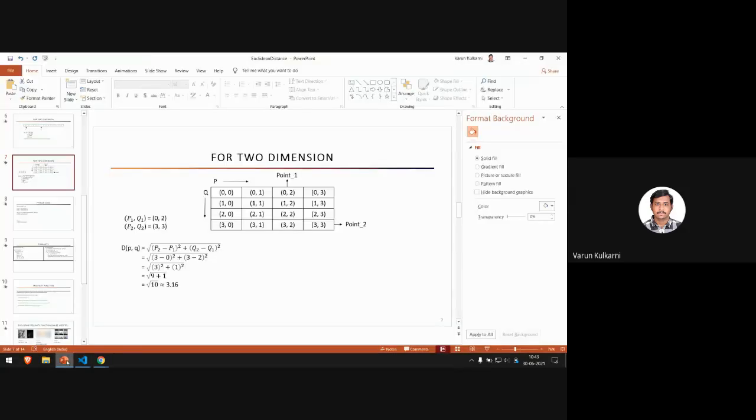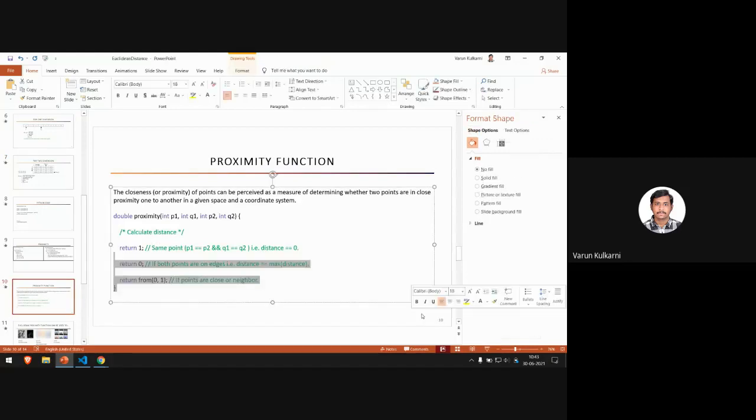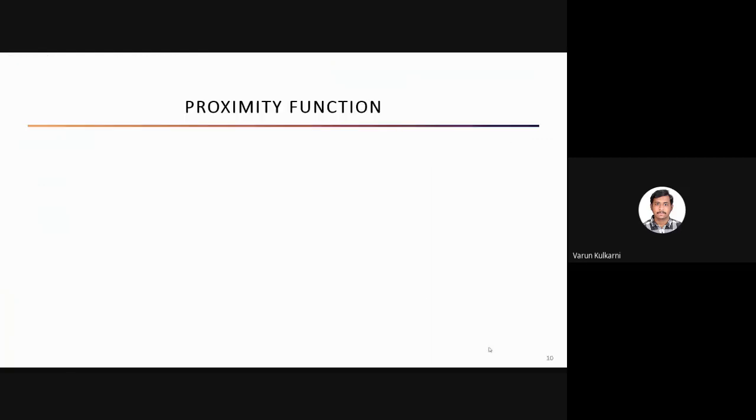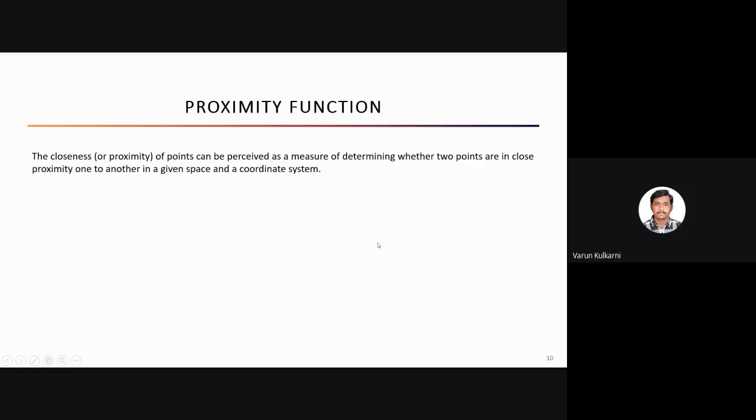Coming to the presentation, we have a proximity function. In the proximity function, we measure the closeness of the points, whether they lie near, far, or whether the 2 points are the same point.